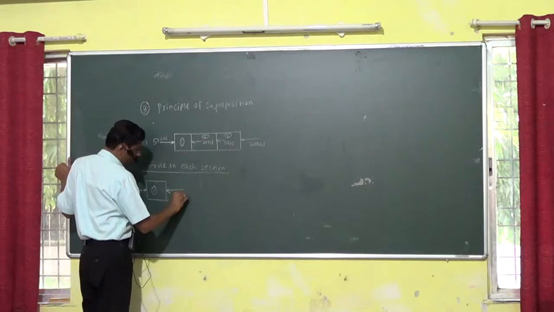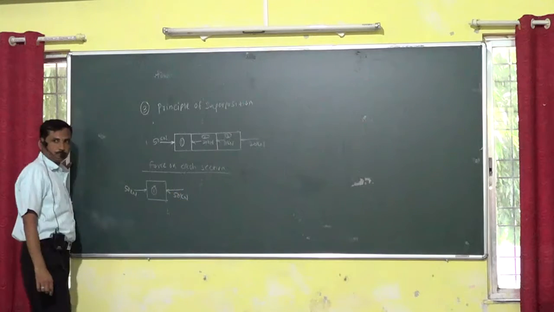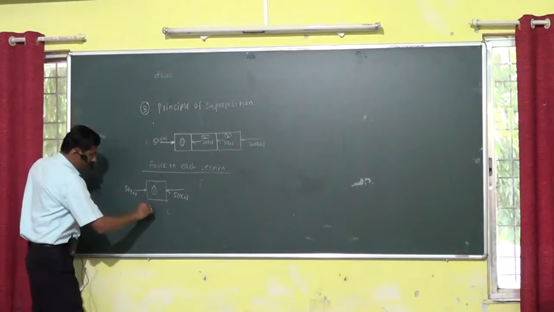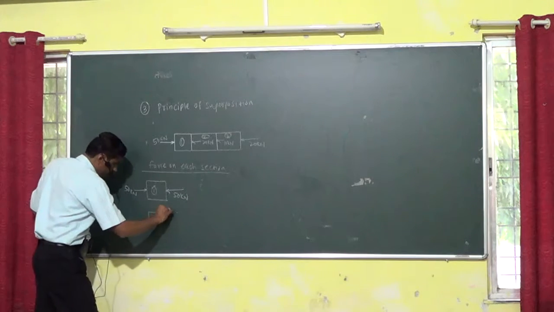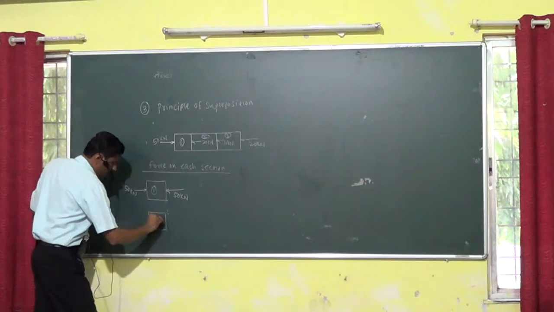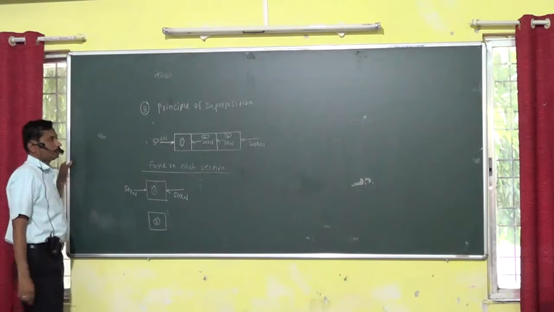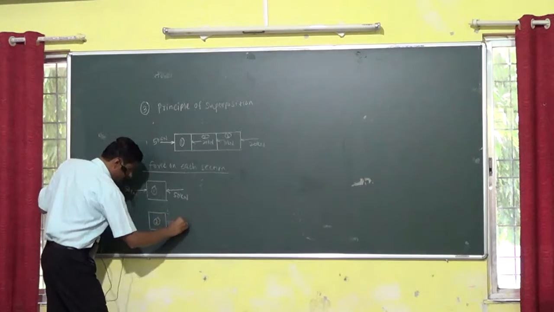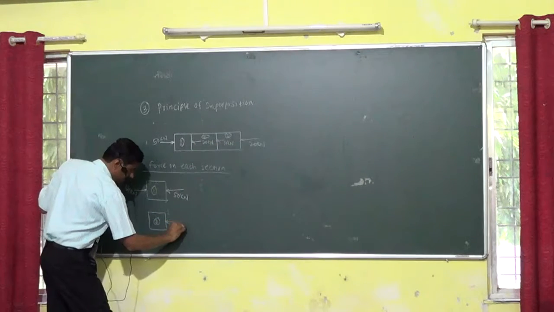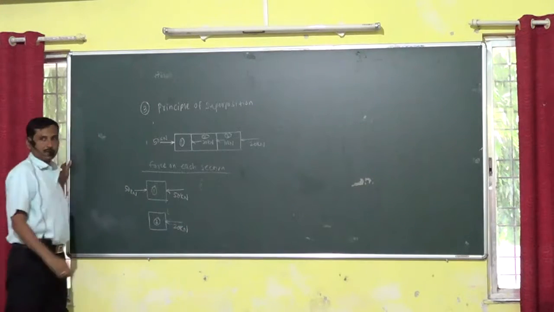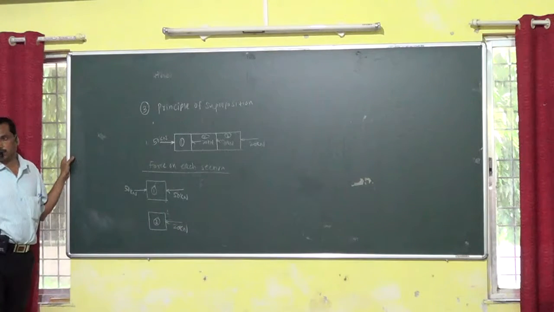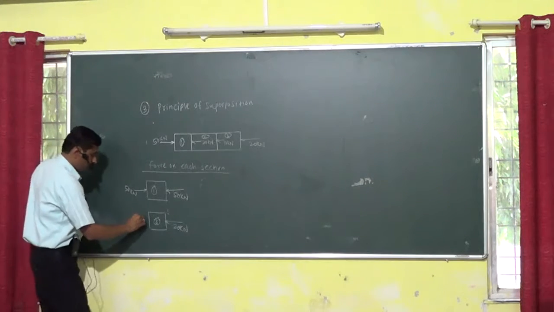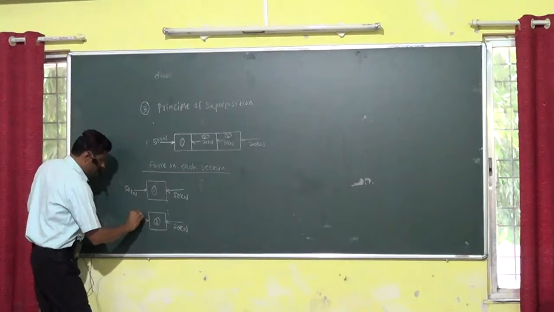Similarly, for section 3, this 20 kilonewton force is acting here, and as far as section 3 is concerned, this is also compressive in nature. So 20 kilonewton is compressive.